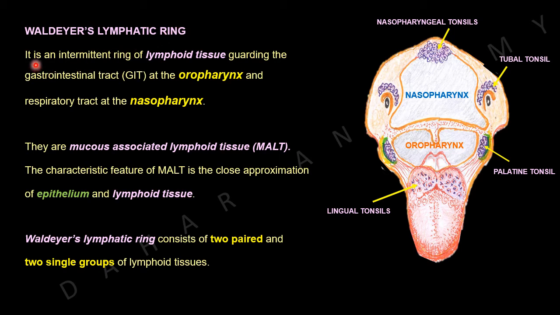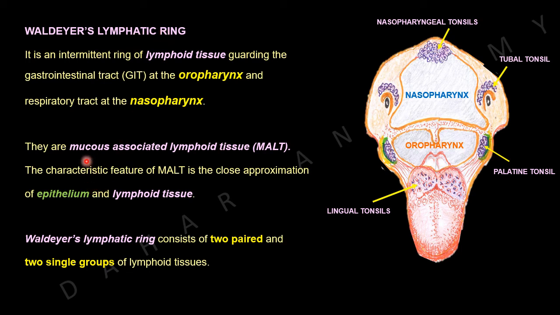It is an intermittent ring of lymphoid tissue guarding the gastrointestinal tract at the oropharynx and respiratory tract at the nasopharynx. So two inlets are guarded by these rings of lymphatic tissue called Waldeyer's lymphatic ring.